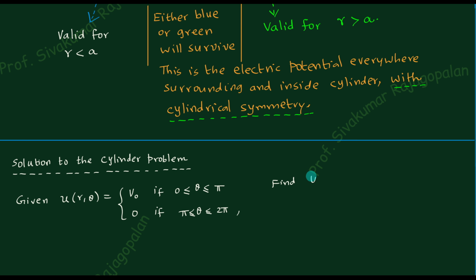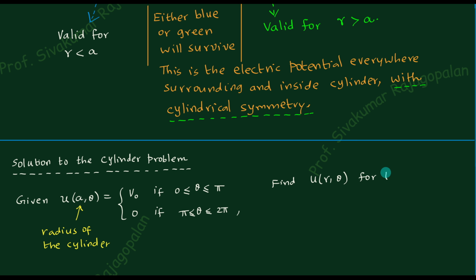And once this is clear, we are interested to calculate the rest of the constants. We have been using the symbol A for the radius of the cylinder, not capital R. That is another point that you just note down.